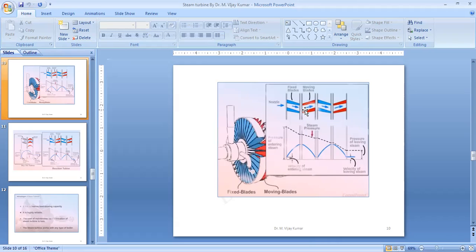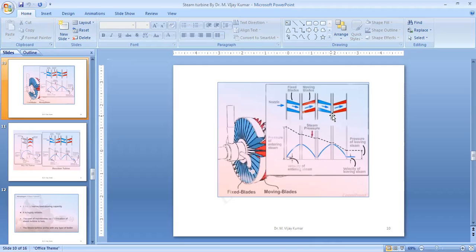When it moves through the moving blade, the velocity is getting reduced. You can see here the velocity is getting reduced. Again, when the steam moves between the next two fixed blades, the pressure is still getting reduced and the velocity is increased further.